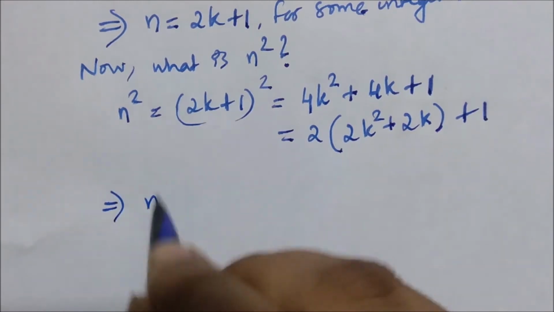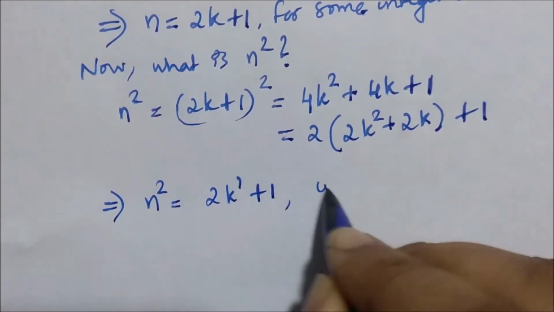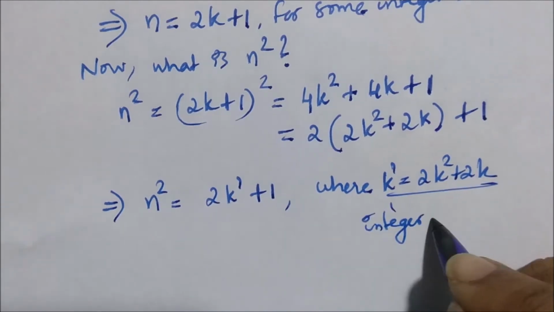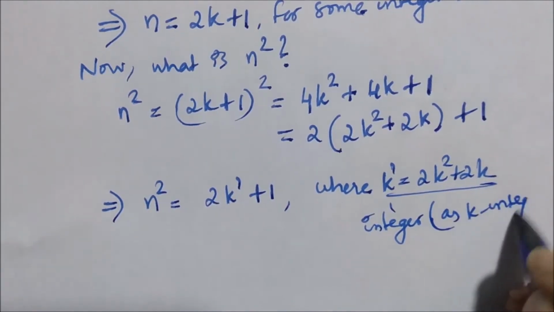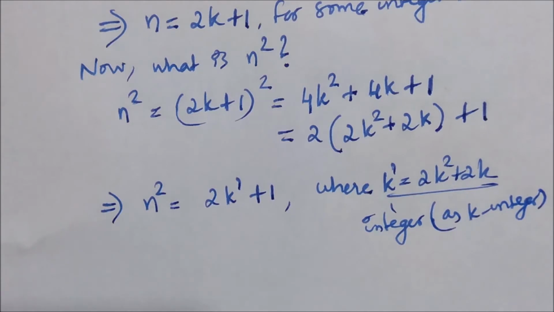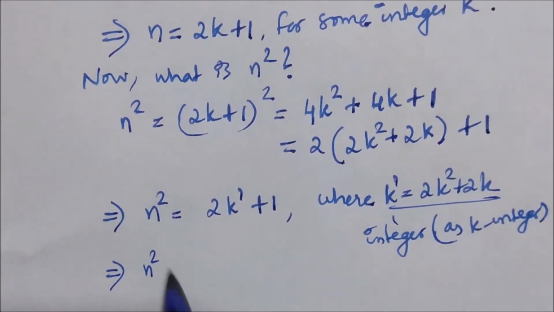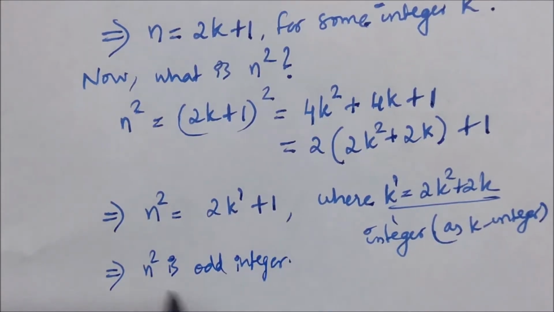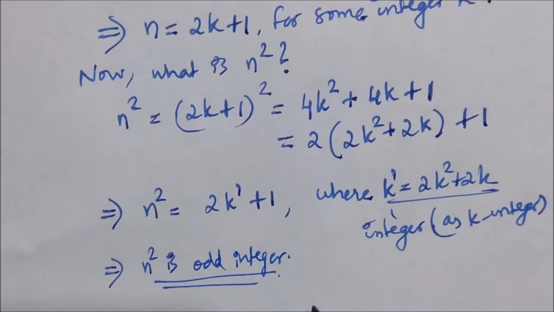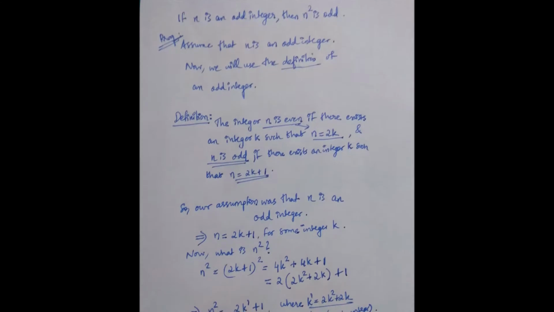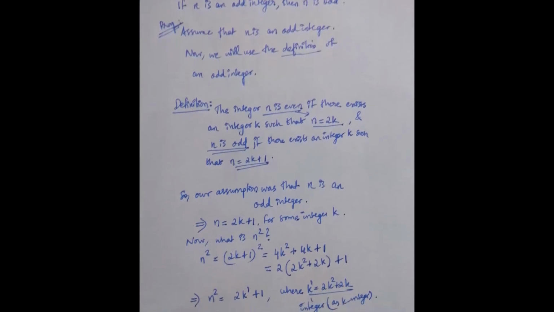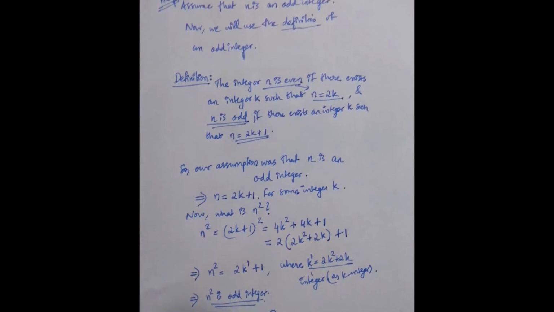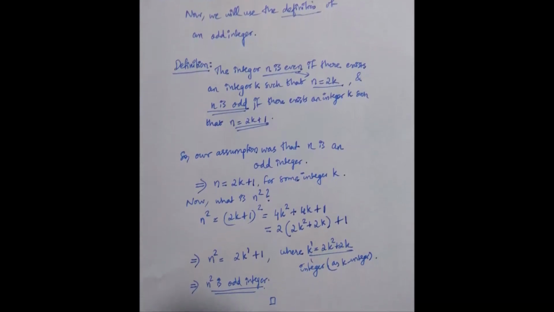So this is of the form 2 into k dash plus 1, where k dash is 2k square plus 2k. Because k is an integer, k dash is also an integer. Which means that n square is also an odd integer. We assumed n is an odd integer and we reached the step where n square is an odd integer, which means that P implies Q is true, or this conditional statement, if n is an odd integer then n square is odd, is true.